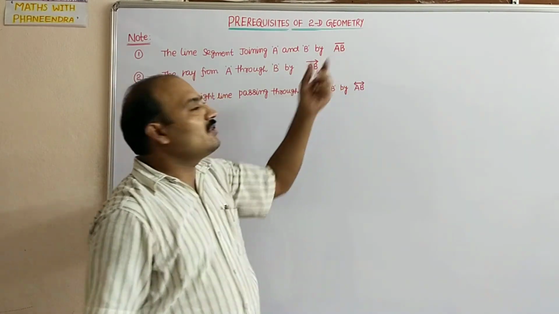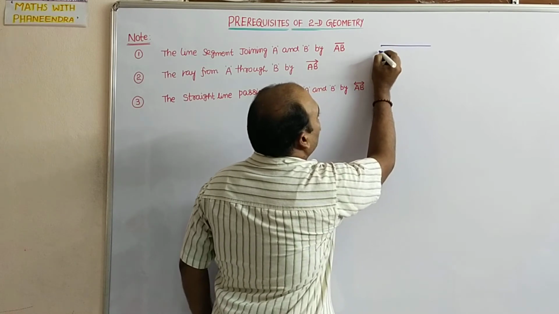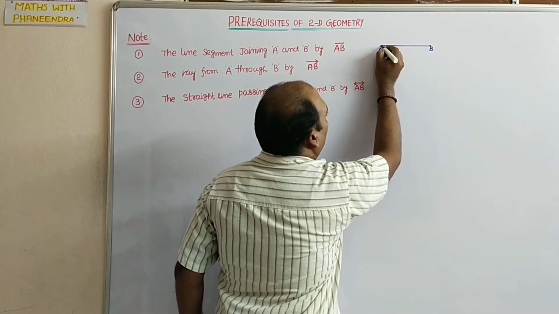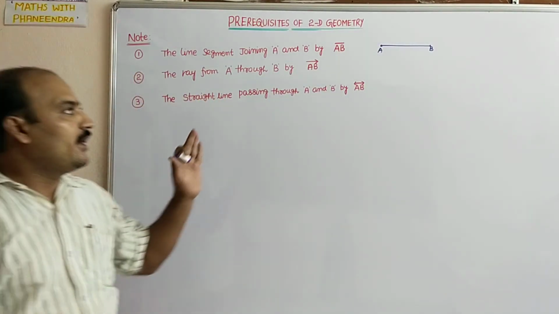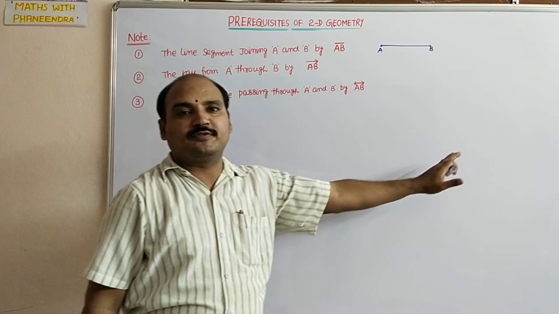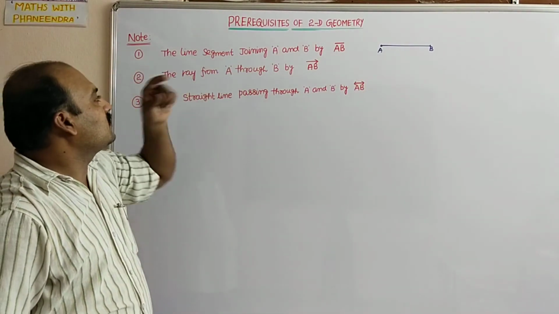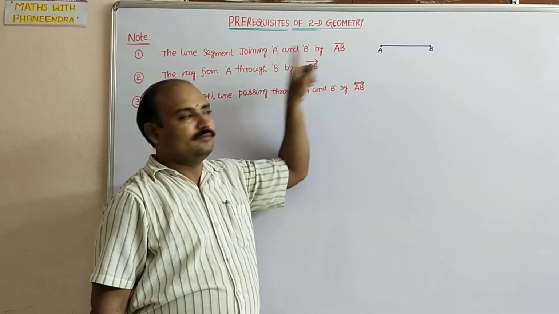That means ends are there. Line segment means ends will be there, so there is no extension. From here to here, particularly from A to B, that is the line segment. There is no extension from the right side or left side. These are the ends of the line segment. So the line segment is denoted like this, AB.